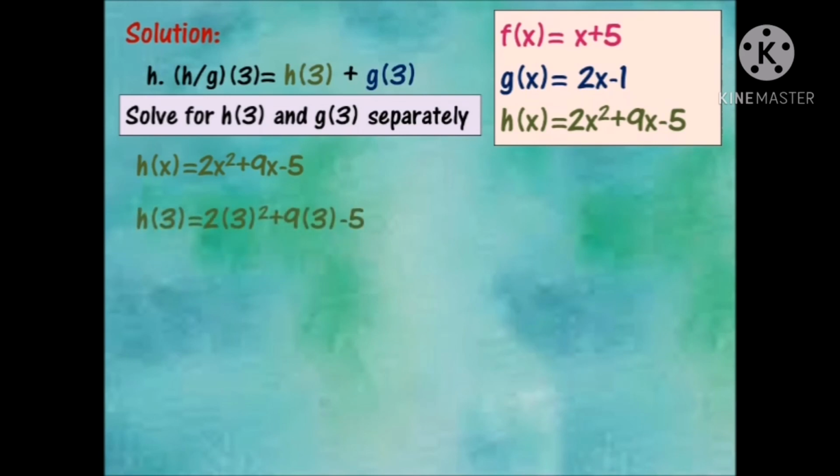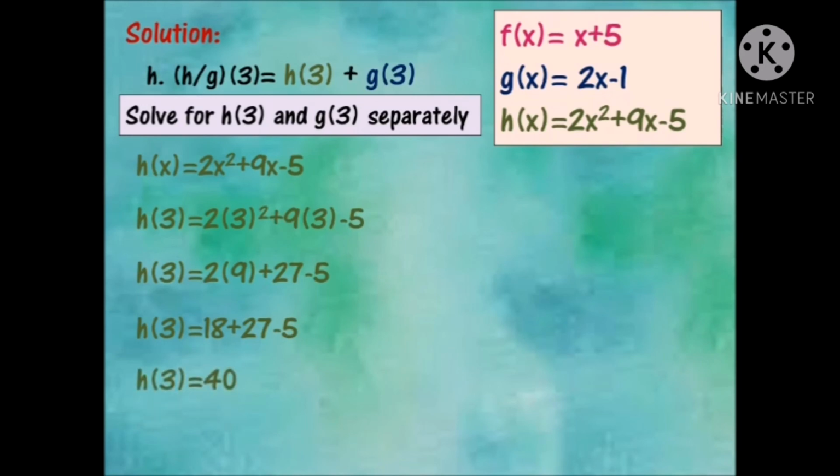H of 3 now is equal to, substitute the value of x, rewrite natin, 2 times 3 squared plus 9 times 3 minus 5. So, solve natin siya. H of 3 is equal to 2 times 9, since 3 squared is 9, that is 18, plus 9 times 3 that is 27 minus 5. Rewrite na lang natin yung 27 and negative 5. So, h of 3 is equal to 40.